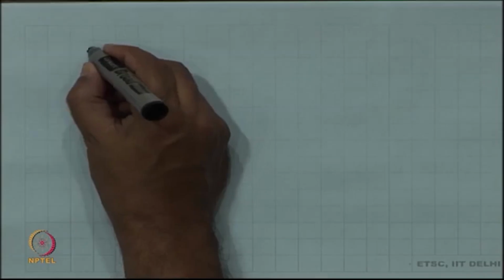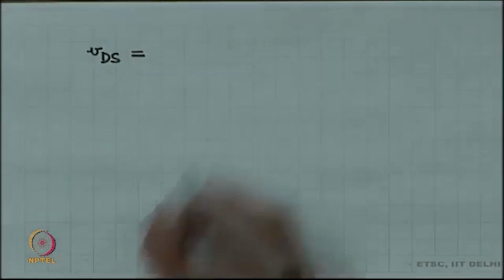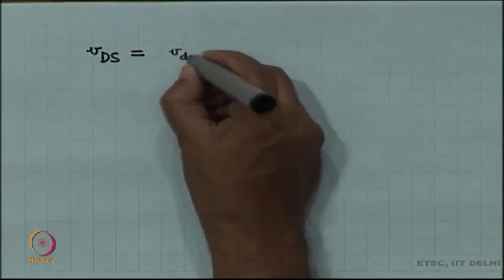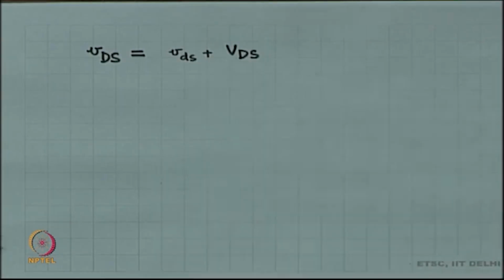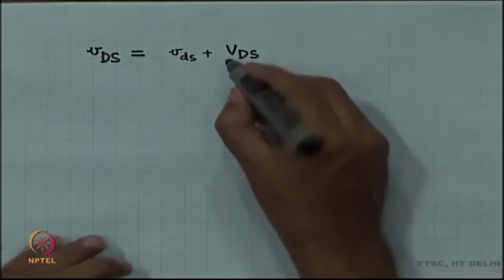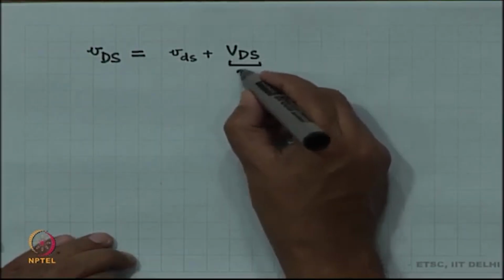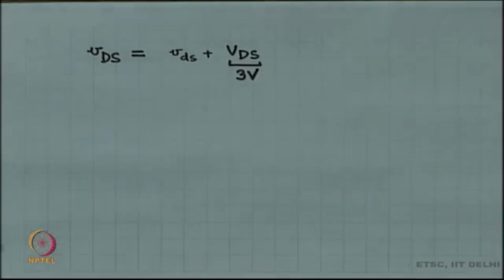Now, when I say VDS, this is really small VDS plus capital VDS. Agreed? And capital VDS I know is 4 volts minus 1 volt, capital VDS is 3 volts.